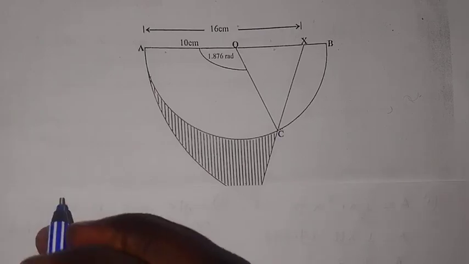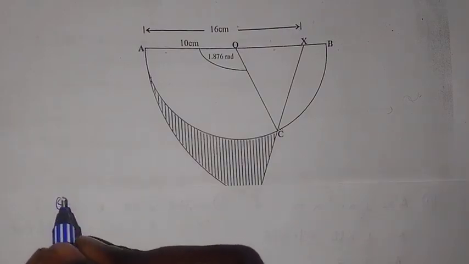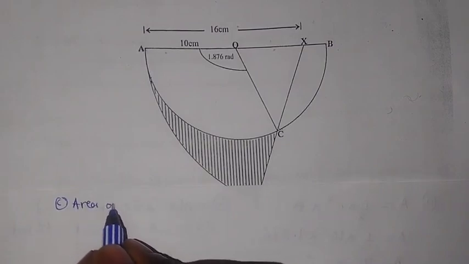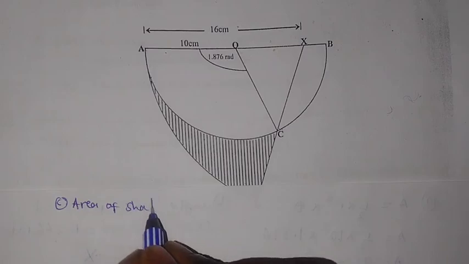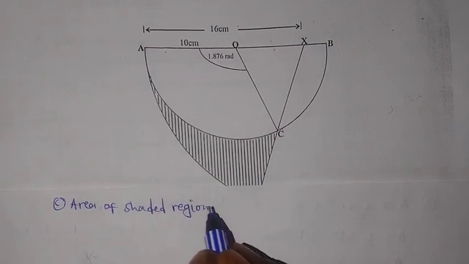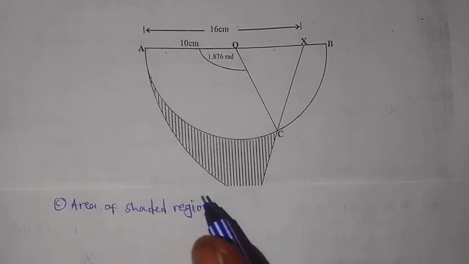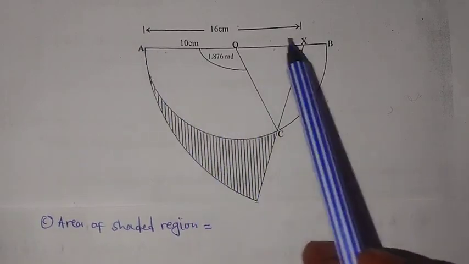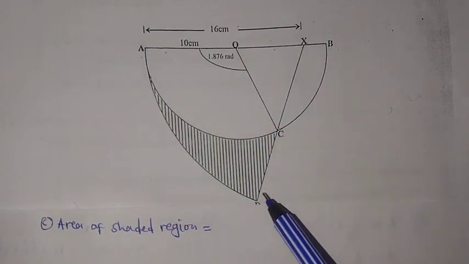We are now on the last question, which is question C. So we say area of shaded region is equal to, I've said we are going to get the area of this sector AXD right here.